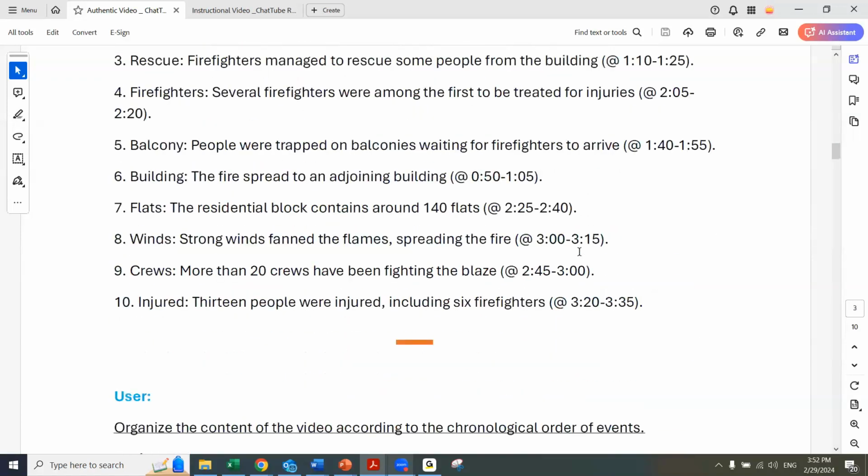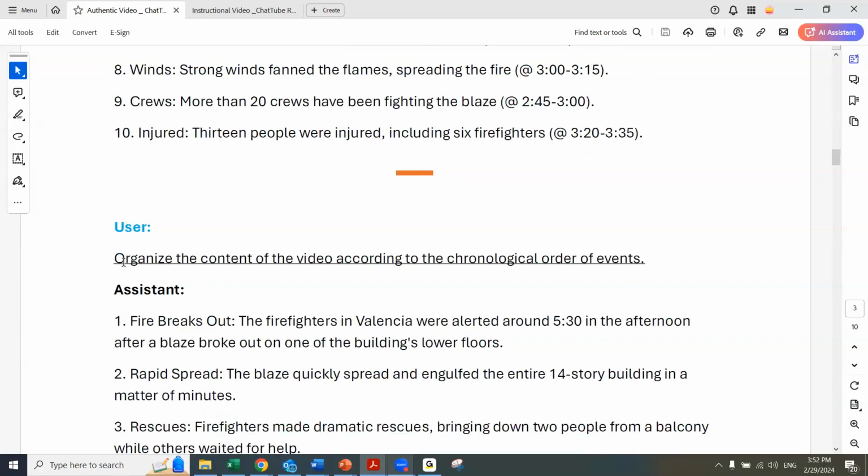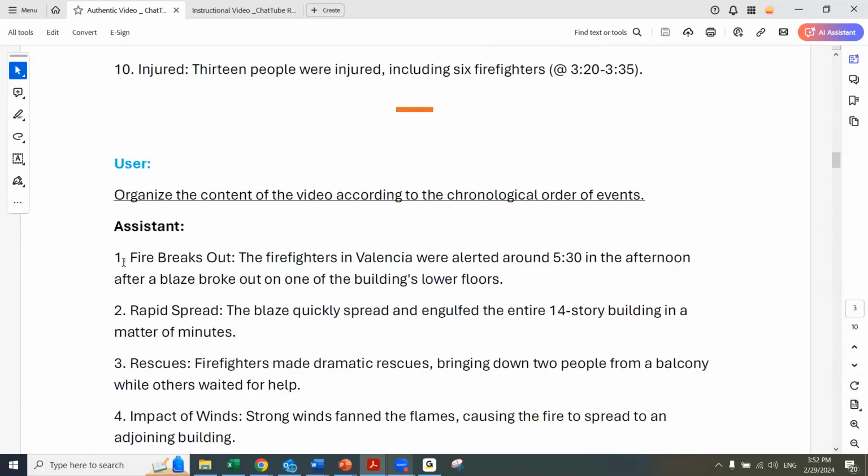And I also asked the AI to organize the content of the video according to the chronological order of the events. This can be used as a storyboard activity for students, or just have them verbally summarize the key events in the right order.